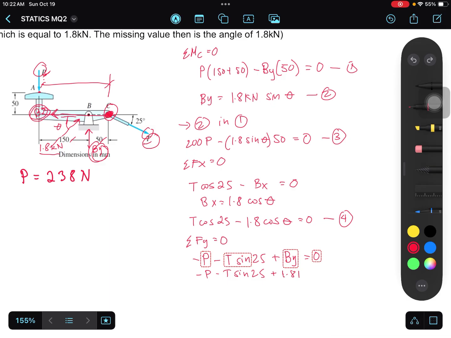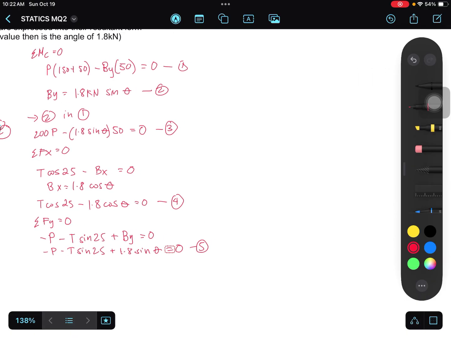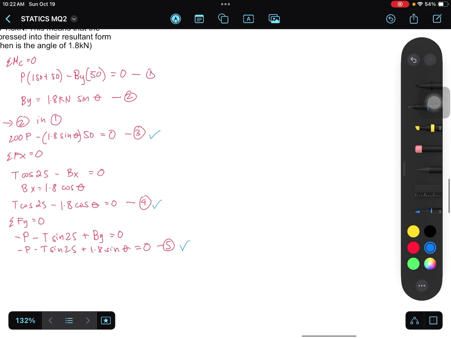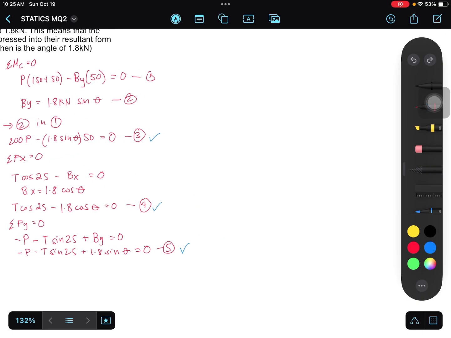That is equation 5. So, ayun no, tatlo ang unknowns natin. So, magsa-simultaneous equation tayo using equations 3, 4, and 5.